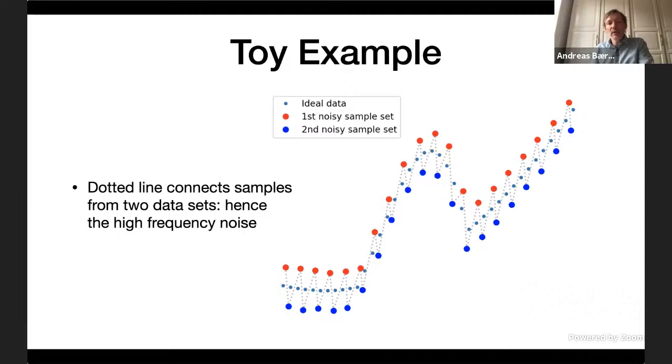Now, if we create a curve by connecting the samples, as you see, the dotted line is just a connection of the samples, then it has this high frequency noise, which is in fact just due to the shift between the two sample sets. It's very far from the ideal data.